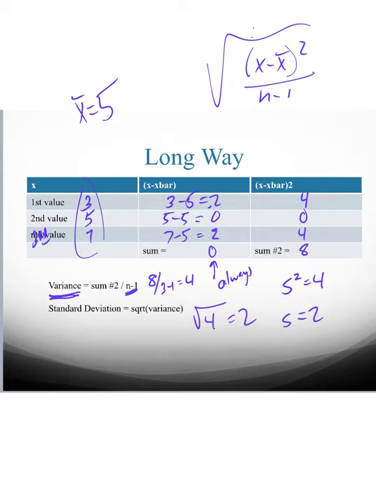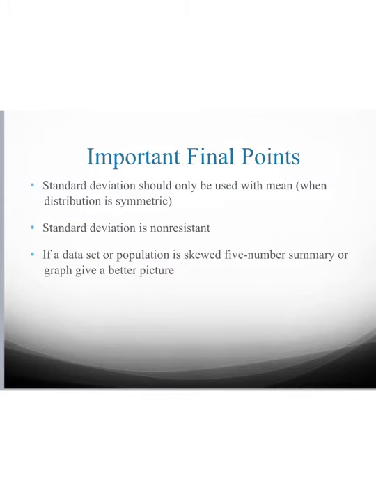And of course, it's very unusual for these to actually be whole numbers, but they happen to be here in this situation. But this process here is one you will not be asked to do much at all, because we'll rely on that stat calc. What you need to understand more about standard deviation is some of these points.